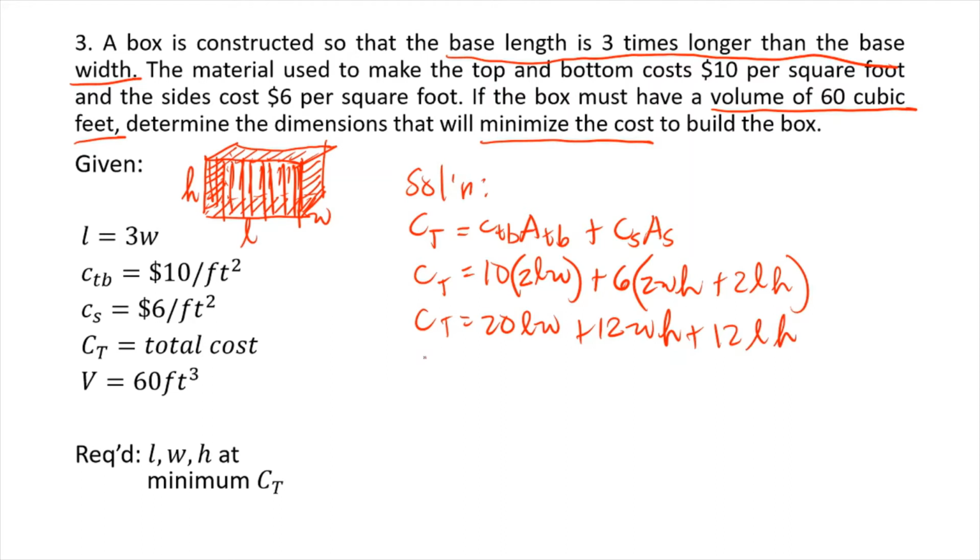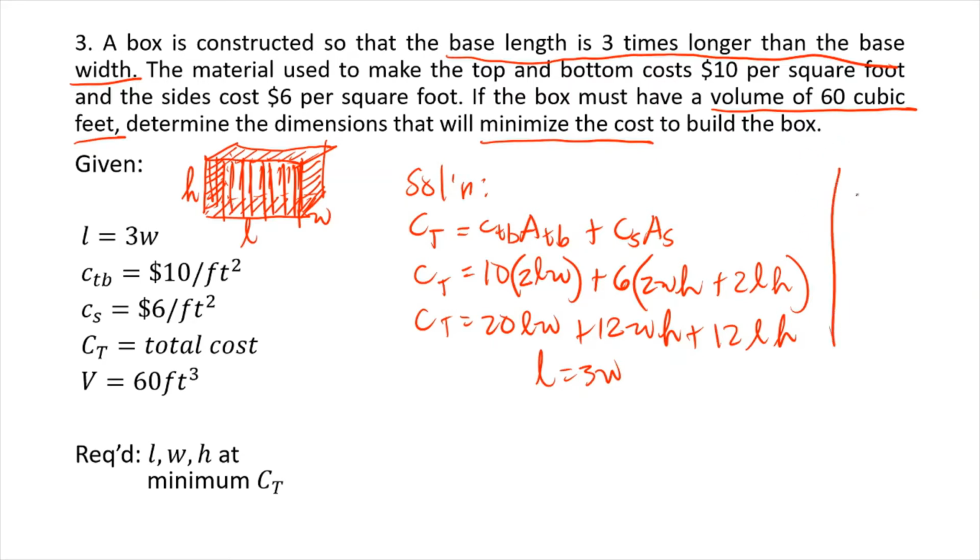And as you can see, this equation is in terms of L, W, and H, three independent variables. So we have to express this equation in terms of a single independent variable using the constraints. Remember that the length is 3 times W, and then the volume of this box is 60 cubic feet.